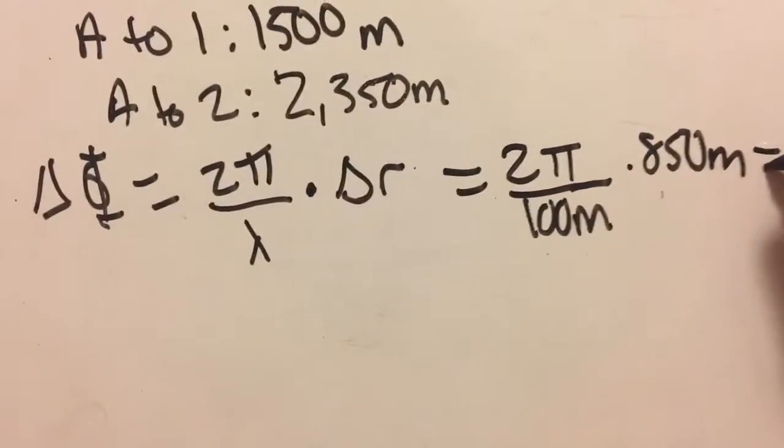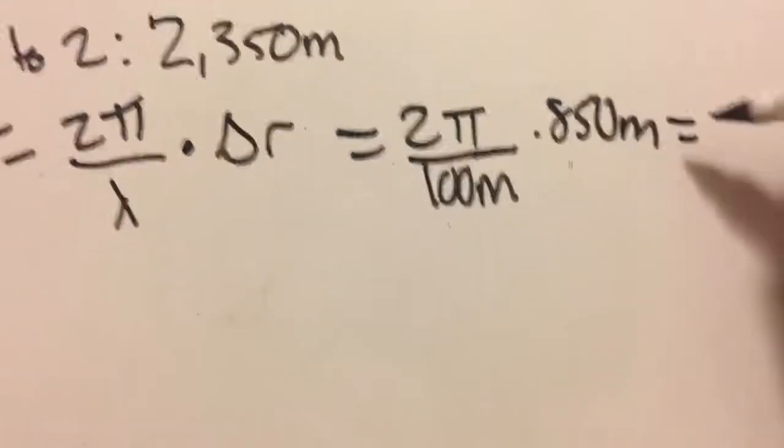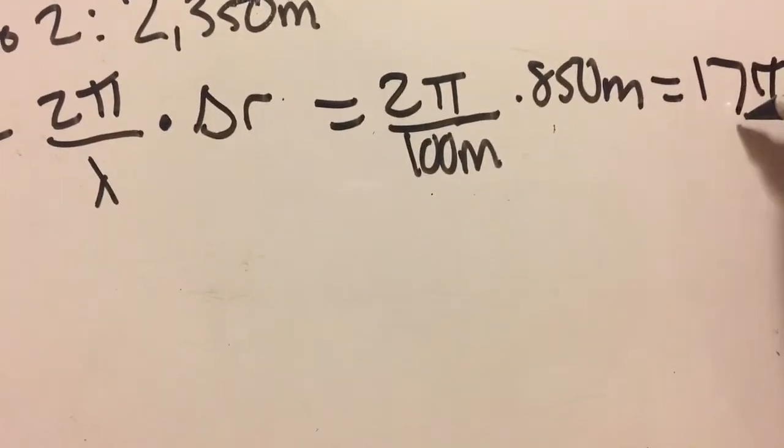The units cancel out, and we are left with 17 pi.